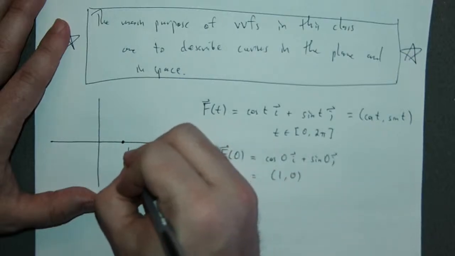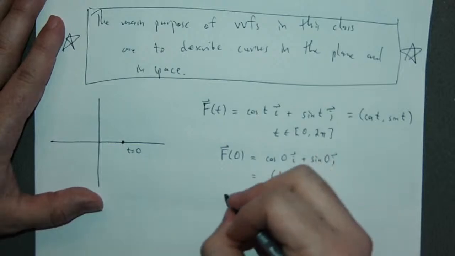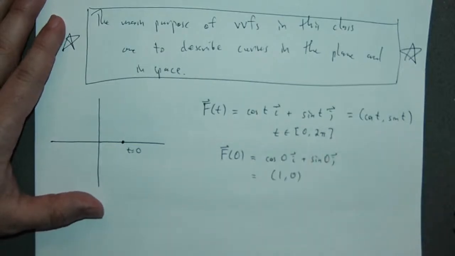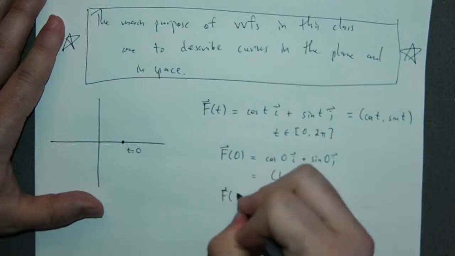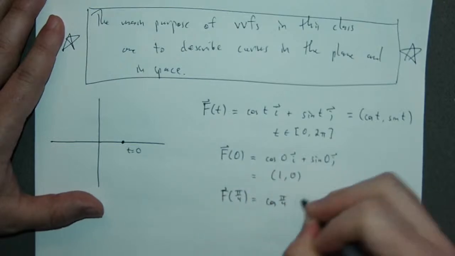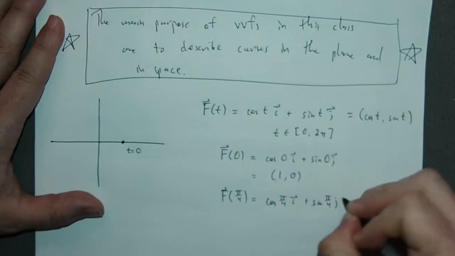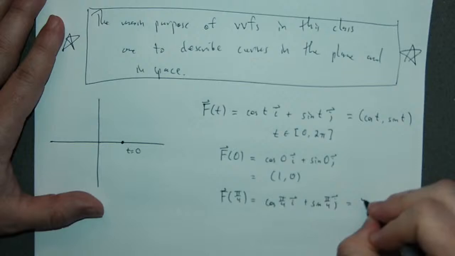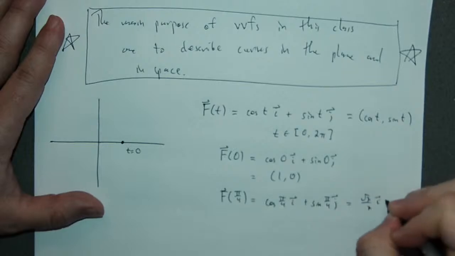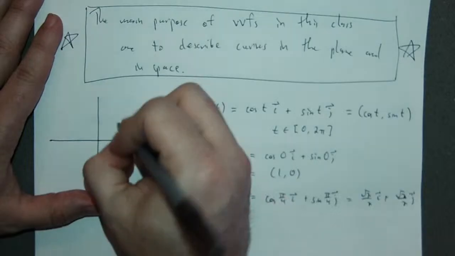This is when t is equal to 0. Okay. What about when t is equal to pi over 4? So f of pi over 4 is cosine pi over 4 i plus sine pi over 4 j, which is root 2 over 2 i plus root 2 over 2 j. So that's like here.